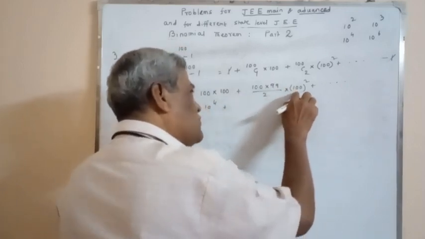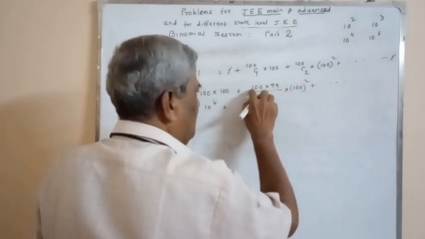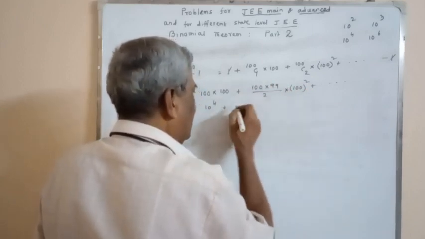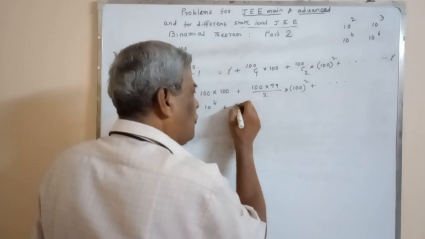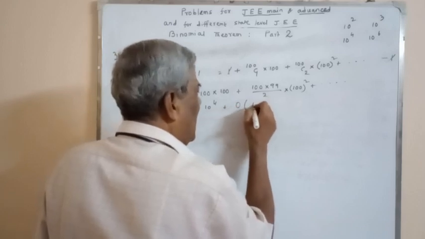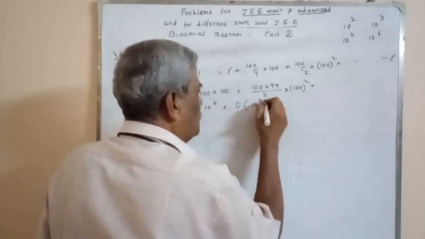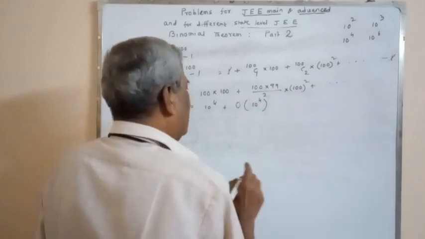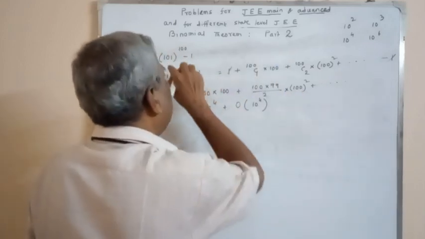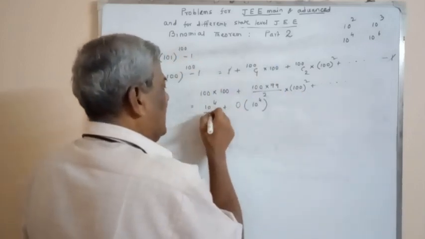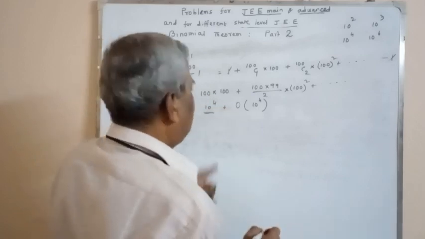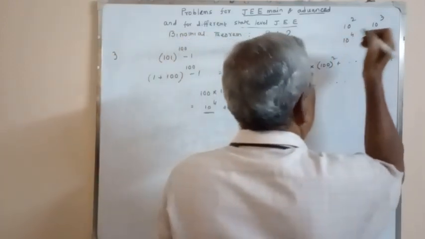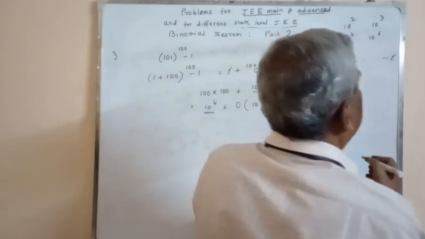This is more than 100 square into 50 into 99. So it is of order 10 to the power 4. So clearly this thing is divisible by that. So option C is correct.